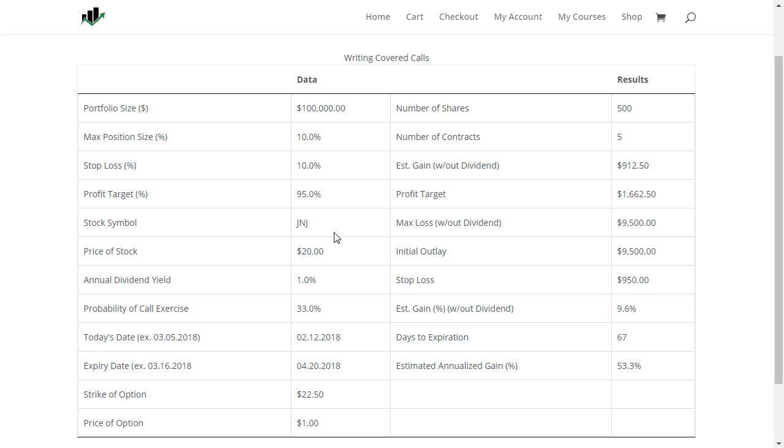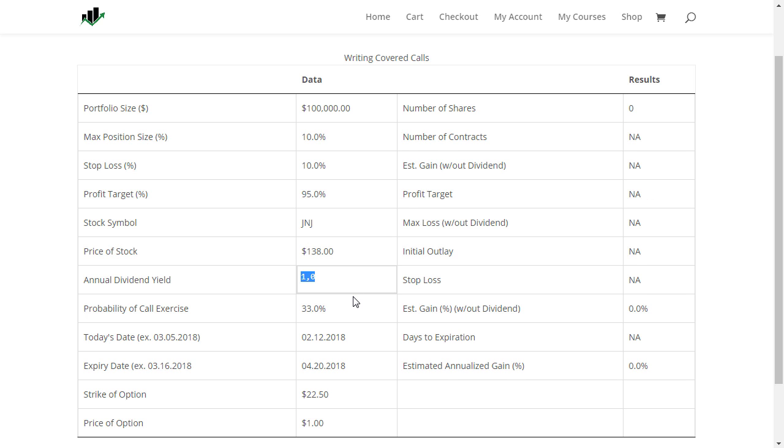Then you put in your stock price, which was about 138. This is just an example, so I'm not going to put in the exact thing. I'm not quite sure of the dividend yield, so I'm just going to leave it at 1%. Probability of exercise is the probability that the stock is going to go up over your strike price. Today's date is 06/07/2019.